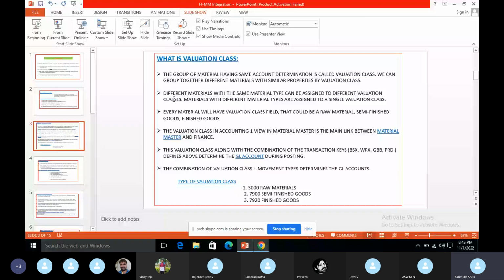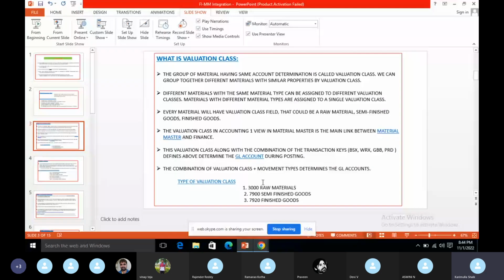The valuation class in the accounting one view in material master is the main link between material master and the finance module. This valuation class, along with the combination of the transaction key, defines the determination of GL account during postings.